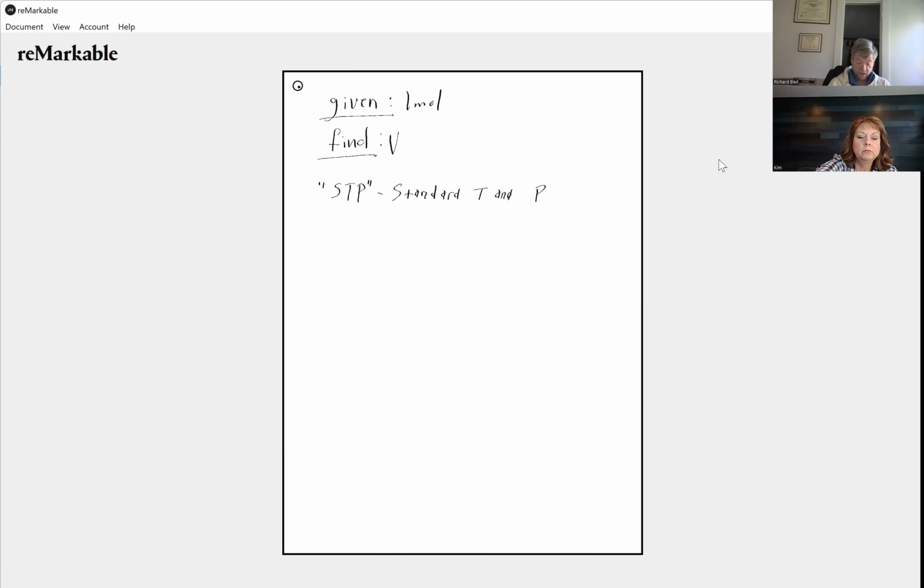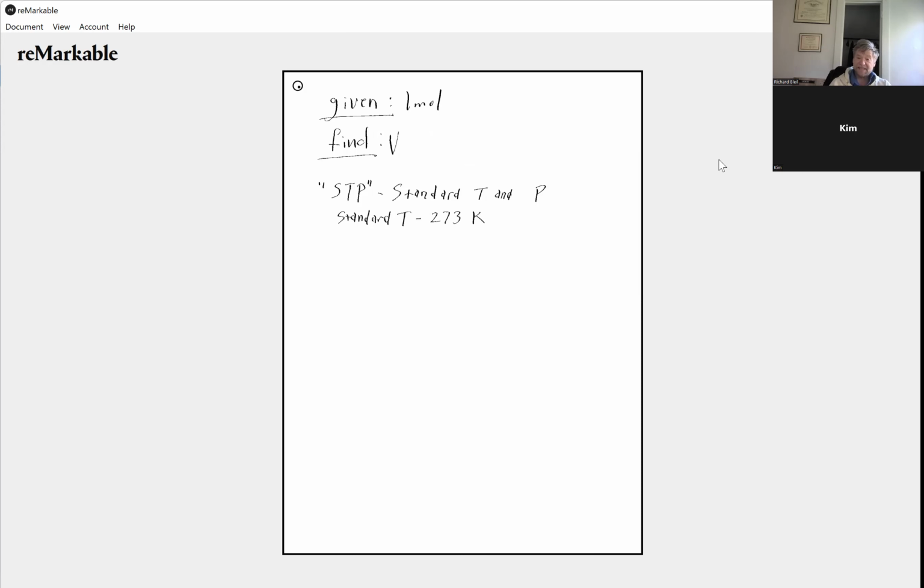Okay. Standard temperature is always taken to be 273 Kelvin. Freezing point of water, 0 degrees Celsius, 32 degrees Fahrenheit, 273 Kelvin.